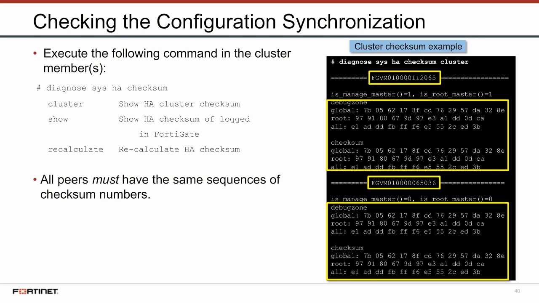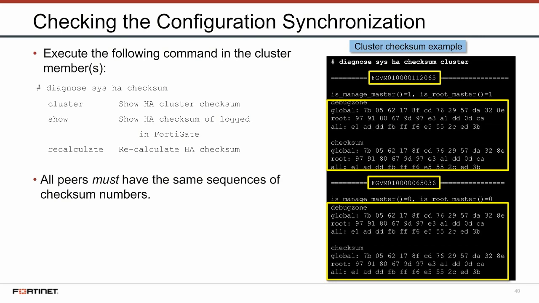The diagnose sys HA checksum show command shows the checksum of the individual FortiGate from which this command is executed. You can also run the diagnose sys HA checksum recalculate command from any cluster member to recalculate the HA checksums.